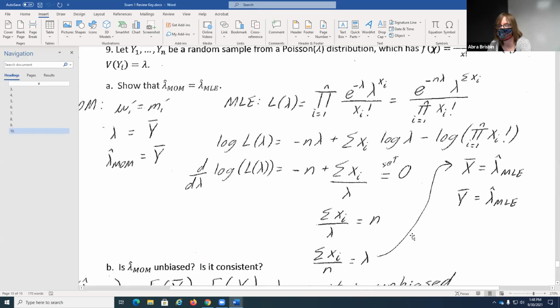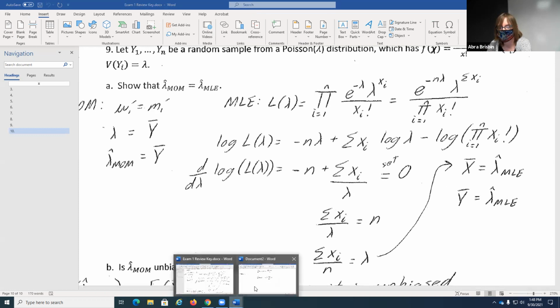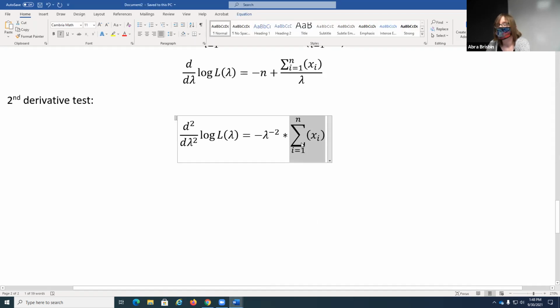So we might need to plug in x bar or the sum of the x sub i's over n. But in this case, we can see that we've got lambda squared, so that's going to be positive.